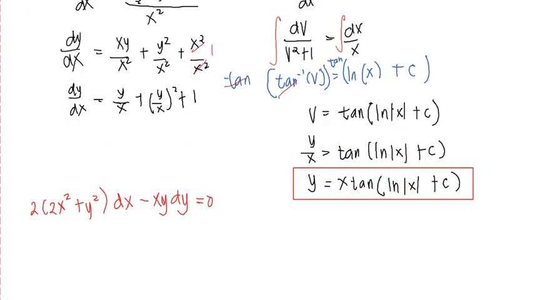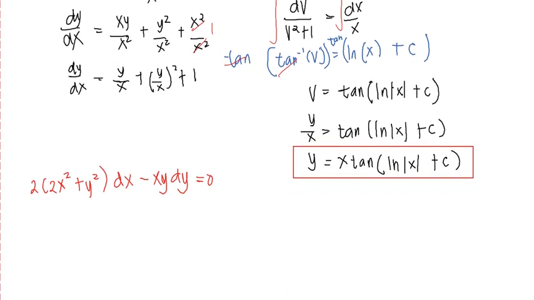So muna yung aton nga given nga equation, 2 times 2x squared plus y squared dx minus xy dy is equals to 0. So subong, gamiton naton ang process nga gingamit naton in the example. Pag-check naton kung we would come up with the same answer.